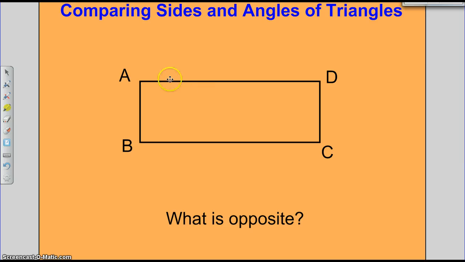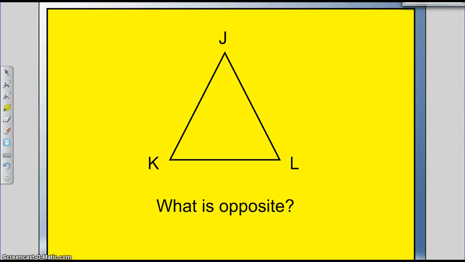So if we look at this triangle, we need to figure out what is the opposite, right? What is opposite of A, B, C? What is opposite of D, B, C? That's what opposite means, on the other side of. So here, opposite of J, angle J, is side length KL.